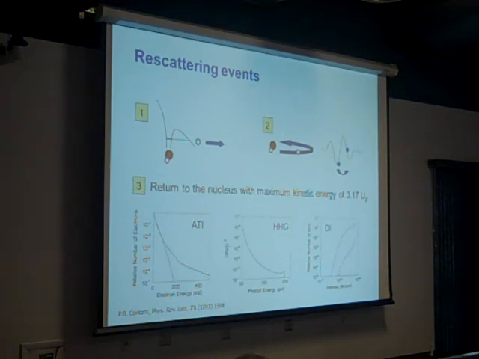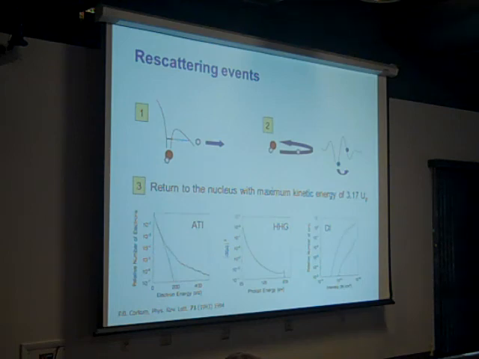So he predicted that there should be these three different processes. And since one can calculate this propagation classically, putting the electron into the field at different times, you can even calculate the maximum kinetic energy, and the maximum kinetic energy is a very famous formula nowadays in strong-field physics.